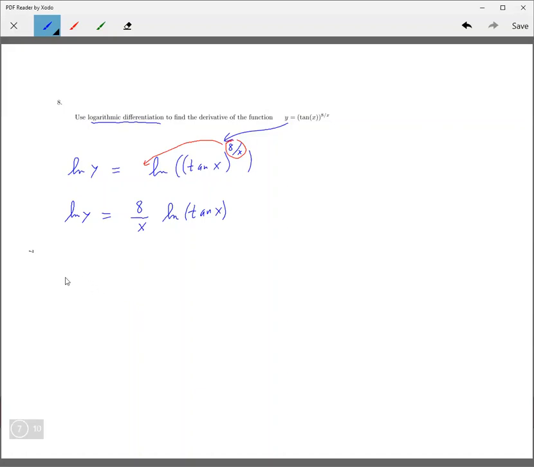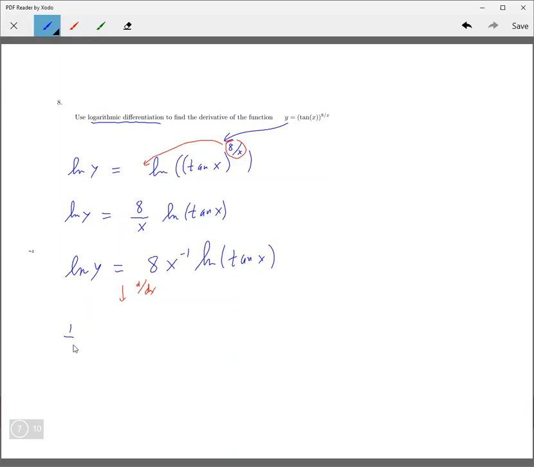Okay, and in anticipation, because like I said, I like to avoid using the quotient rule, I'm going to write that as x to the minus 1.